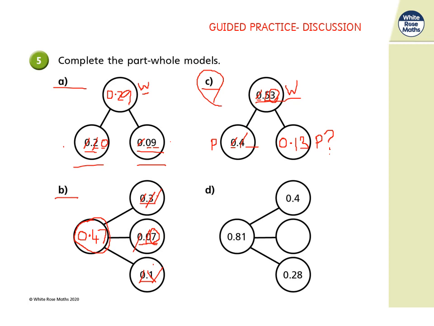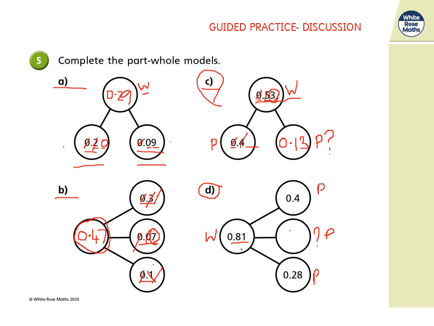Now, looking at this very last one, this is again the same as B, with it being 3 parts and 1 whole. But the difference with B is that I already have my whole, but I have a part and a missing part, which I don't know what it will be until I look at what my existing parts are and what my whole is.